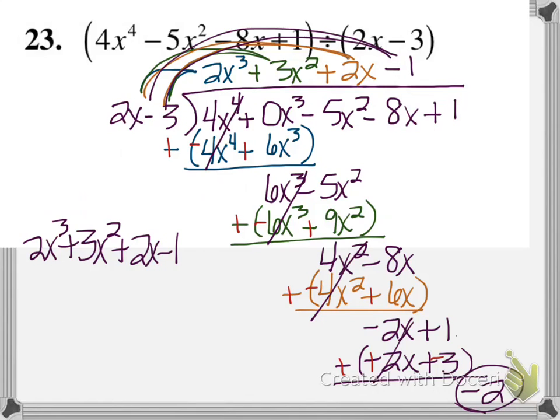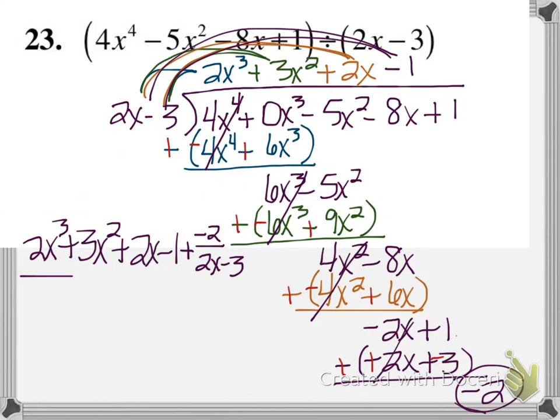Depends on what my math lab asks for. It may just have an r for remainder. And then you could just put negative 2. Or it may tack it on to the end of the polynomial answer in fraction form. So negative 2 over your divisor of 2x minus 3.